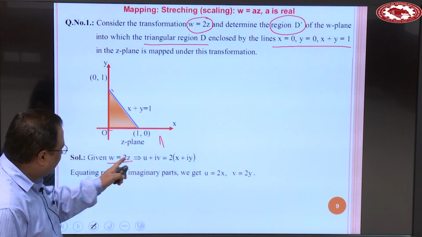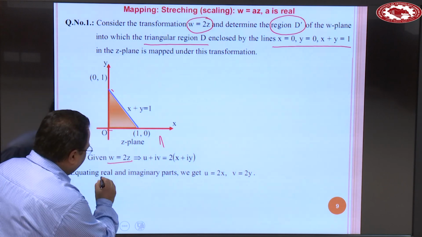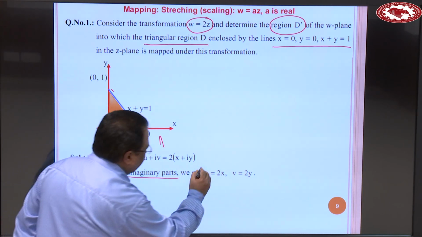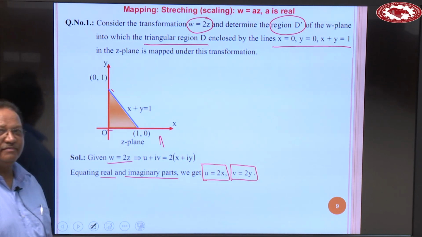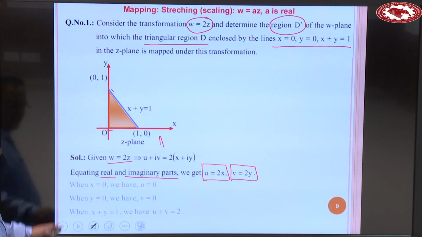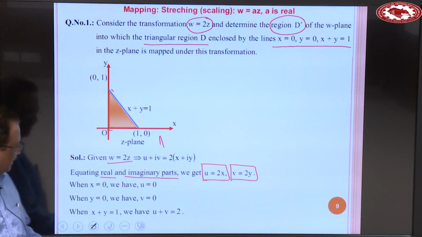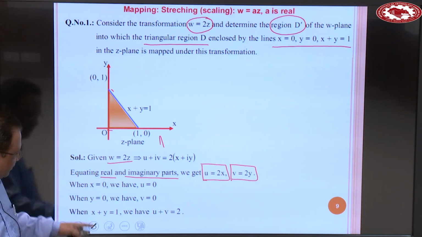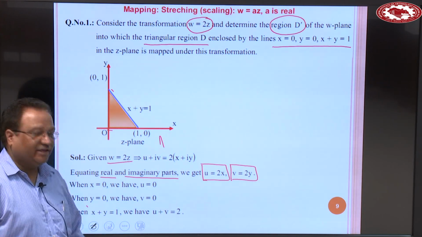So u plus iota v is equal to 2x plus iota 2y. Now equate the real and imaginary parts, we get u is 2x and v is 2y. Then corresponding to each value, evaluate the value of u and v. So when x is 0, u is 0, y is 0, v is 0, x plus y is 1, u plus v is 2.